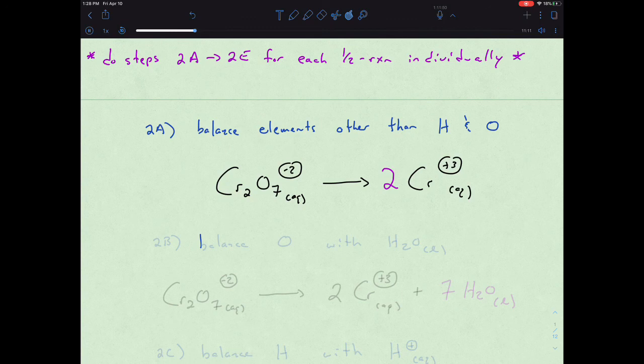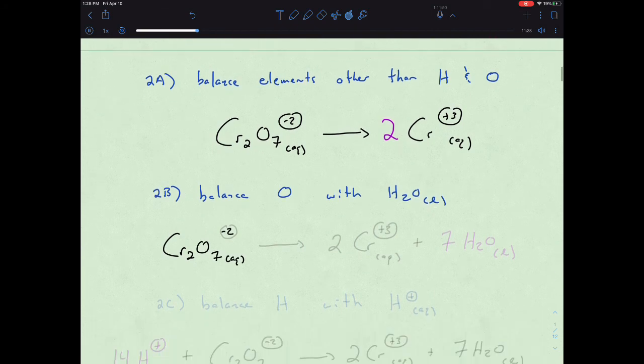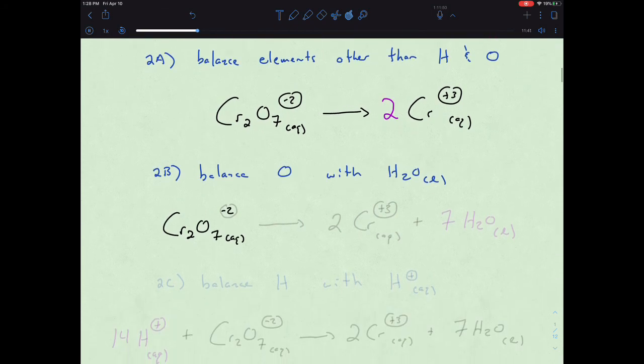With the next step, 2B, now we balance oxygen with the addition of water, or H2O. So if we look at our reaction now, we would have our dichromate producing our 2 chromium ions that are plus 3, but now we're balancing out the oxygen.